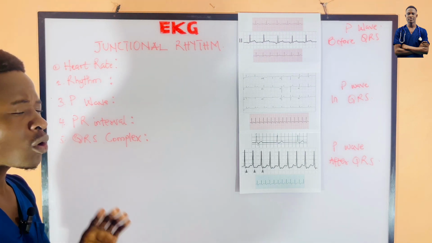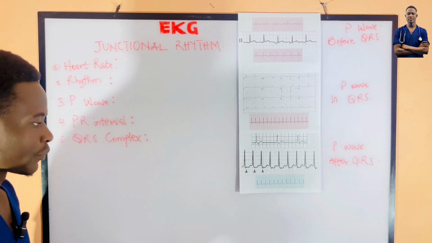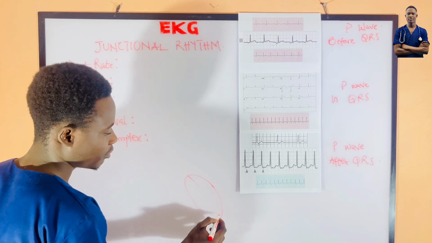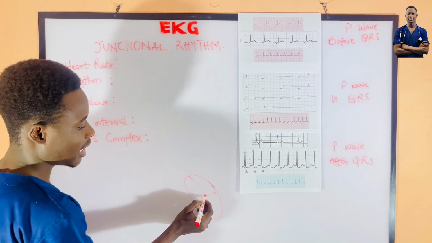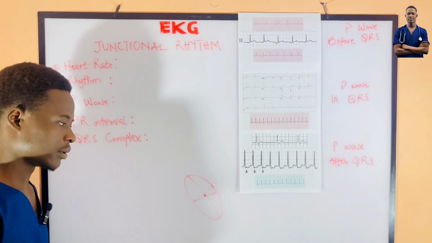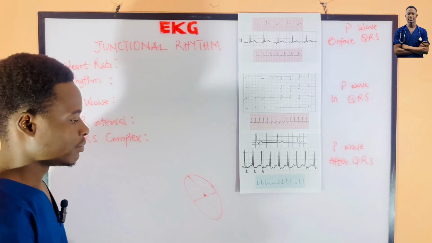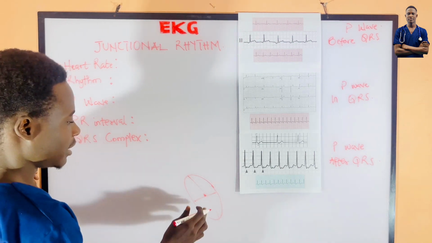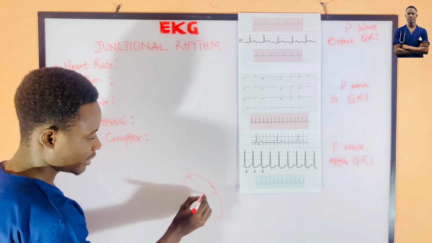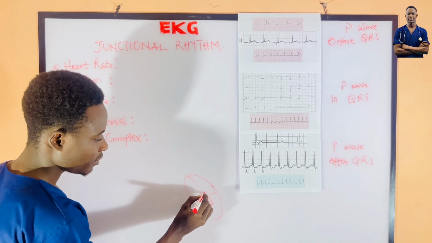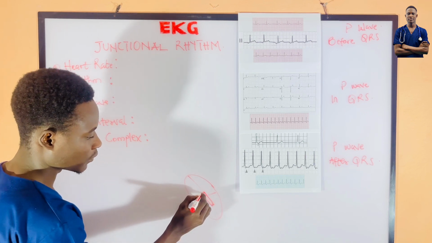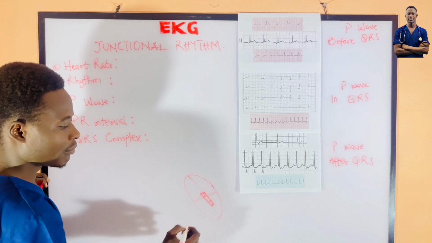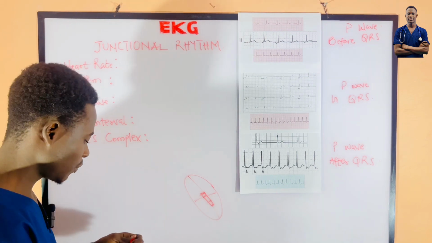Now, when we talk of a junctional rhythm, as I said, it's a condition in which the heart's electrical impulse is being generated at the AV node. That is the barrier between the atria and the ventricles. Now, the atria and the ventricles, let's assume it starts from here. We can divide it into three main sections or portions.